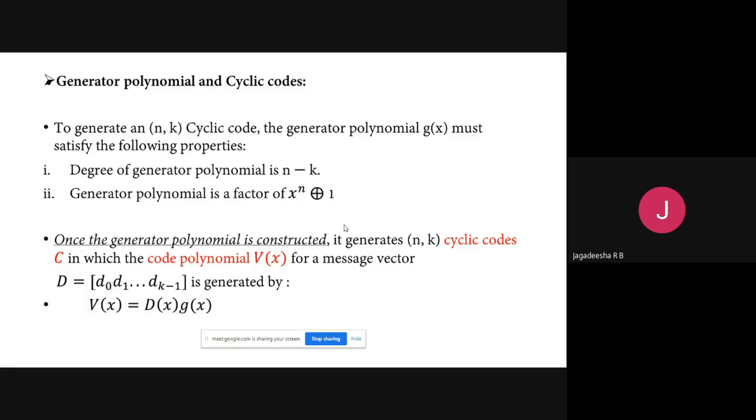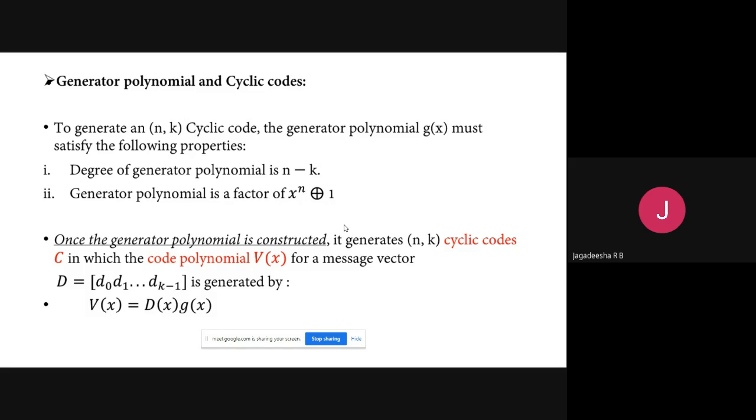So ultimately, here we have the overall idea. The given question may sometimes be to construct a cyclic code of 6, 3. In that case, how do we solve this problem? First, we need to have a generator polynomial. How to choose it? We have to take care of these two properties: it should be of order n minus k, and it should be a factor of x power n plus 1.